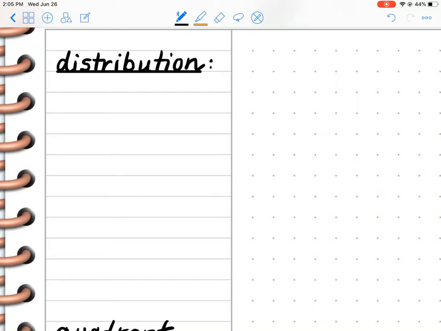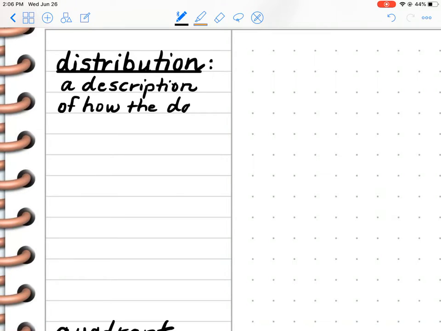When you talk about statistical mathematics, a distribution is a description of how the data values in a set are spread out.